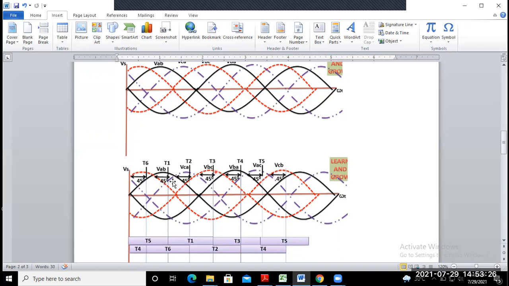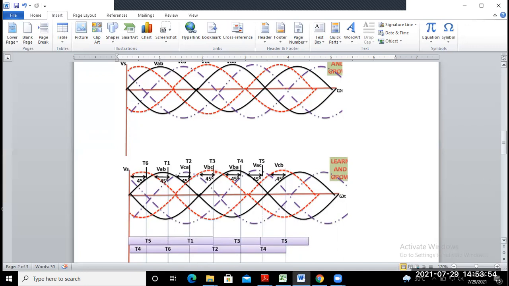So up to this point, this voltage is your VAB, and this is your next VCA, and next is your VCB. So the next incoming thyristor of the negative half cycle is your T2 from this point. Because the most positive phase is changing at this point.